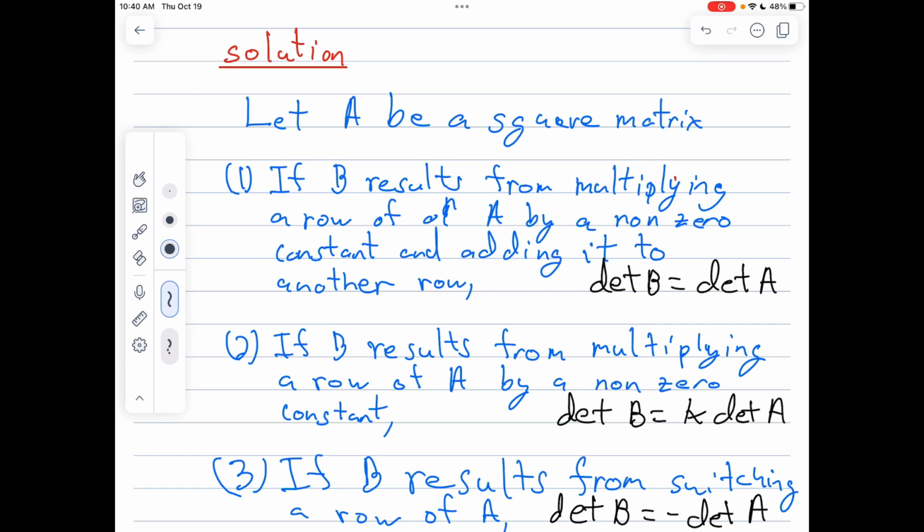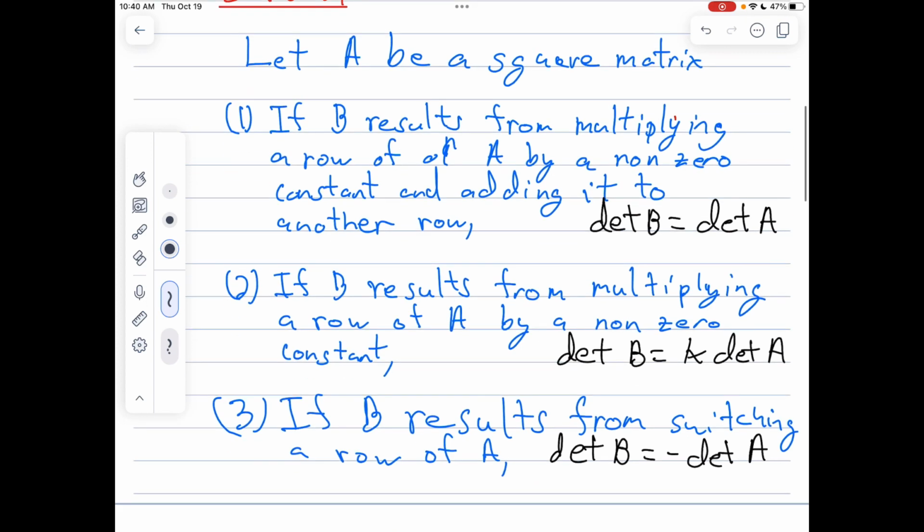So all this is saying is that if you take a matrix and you multiply a row by a number and then add it to another row, the determinant of that new resulting matrix is the same as the original.